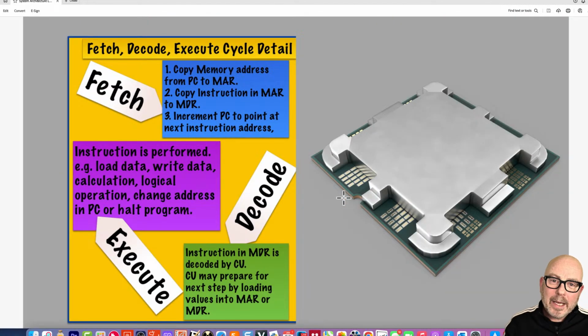I'm going to come back to this slide in a second, but this is the sort of level 7, 8, 9 knowledge where it's about what exactly is handed from one particular element to the other. So, for example, in the fetch part of the cycle, the memory address is copied from the PC to the MAR.